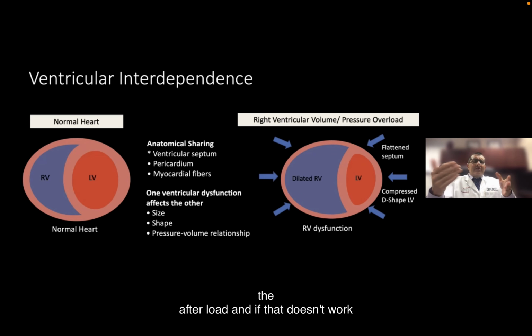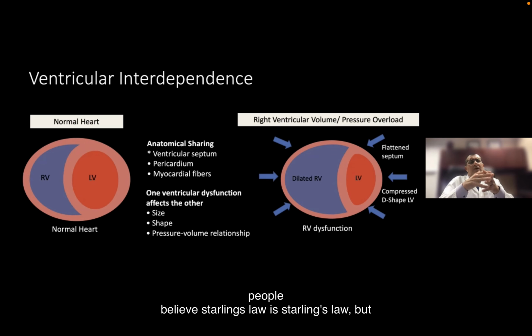And if that doesn't work, then we have ventricle decoupling where the right and left aren't working together, and we need to look at that. And we need to look at that term because most people believe Starling's law is Starling's law, but there is a ventricle interdependence, and the optimal performance of the right ventricle controls the left ventricle.